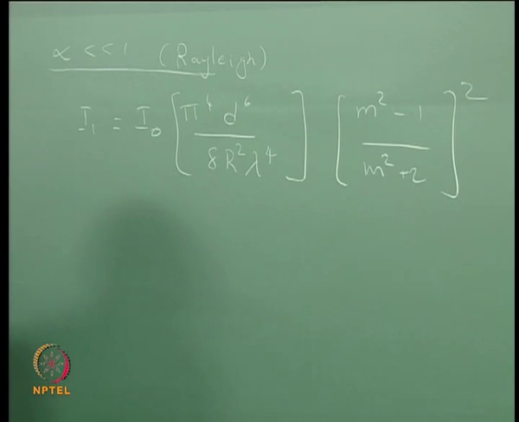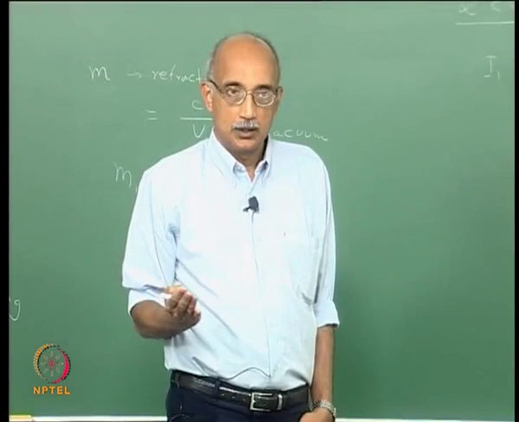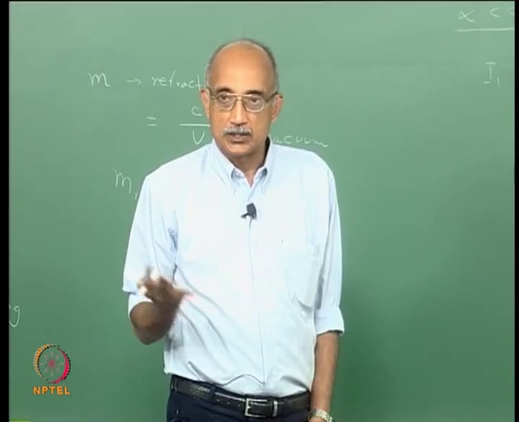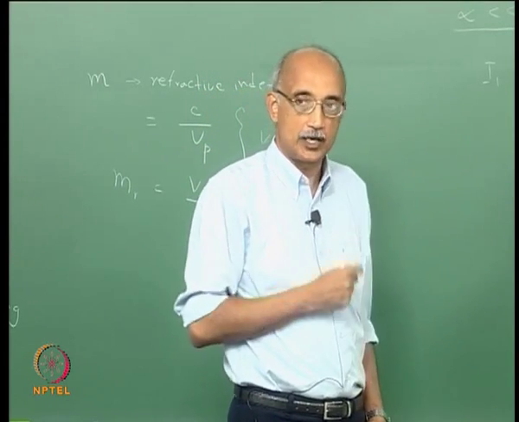I do not expect you to remember the formula, but make sure you understand the functional dependencies that you see here. The first thing is I1, which is scattering in a perpendicular plane to the scattering plane, is not theta dependent. It is a constant value for all theta. So the scattering angle does not enter as a parameter.